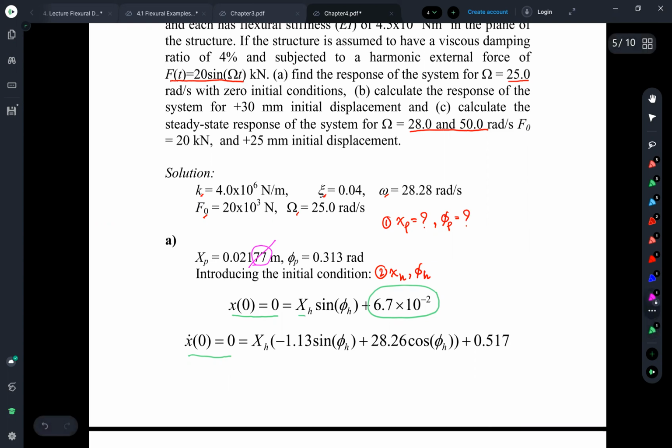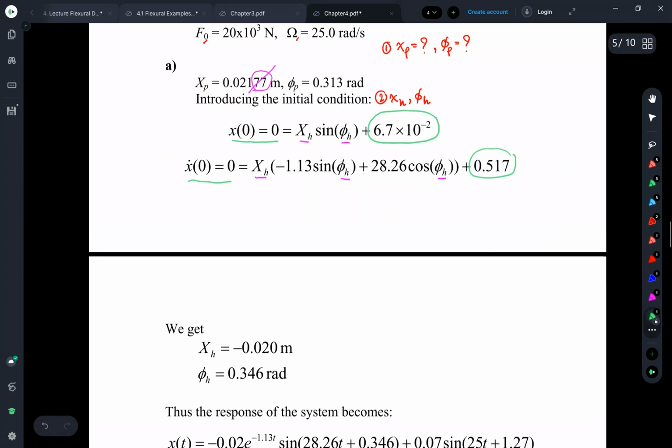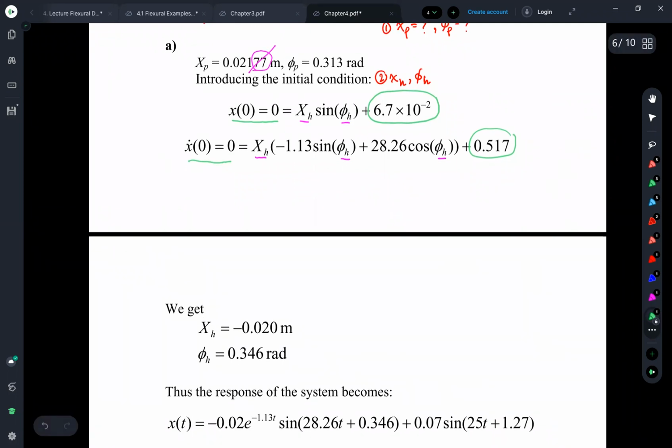You have two equations, two unknowns, so you can solve this. After you solve it, you will obtain xh equal to minus 0.02 and phi h equal to 0.346, something like this.